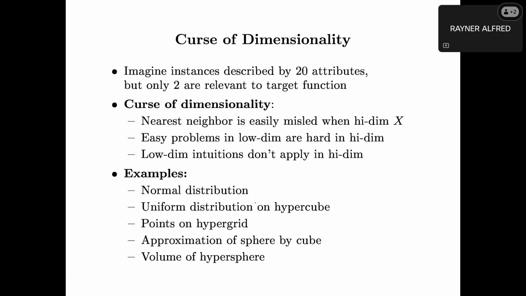These are some of the examples. We need to have a normal distribution. We need to have the volume of a hypercube. We need to have the volume of a hypersphere. All of this must be completed before you can proceed.